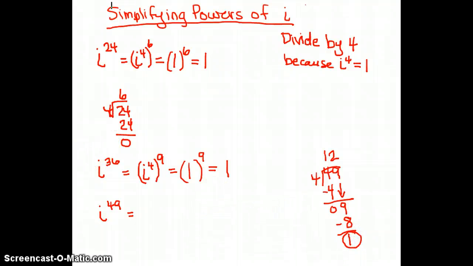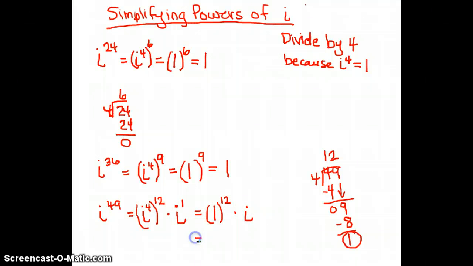And that remainder is really important because when I write this, I have i to the 4th, and we actually see that 4 goes into 49 12 times. But what this 1 tells us is that I have 1 more i left over. Well, this first part, i to the 4th, is just 1 to the 12th times i.